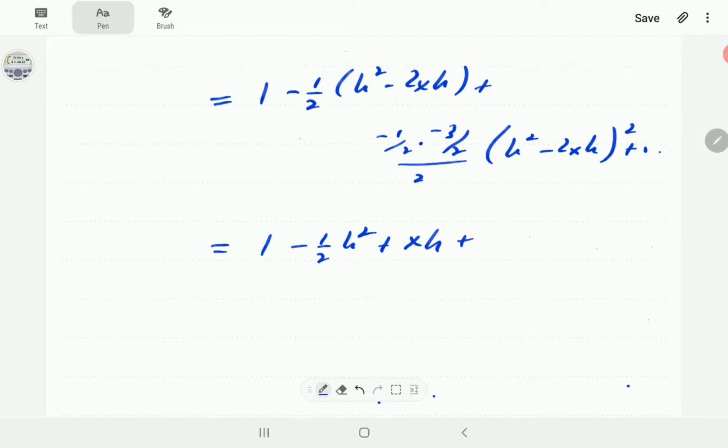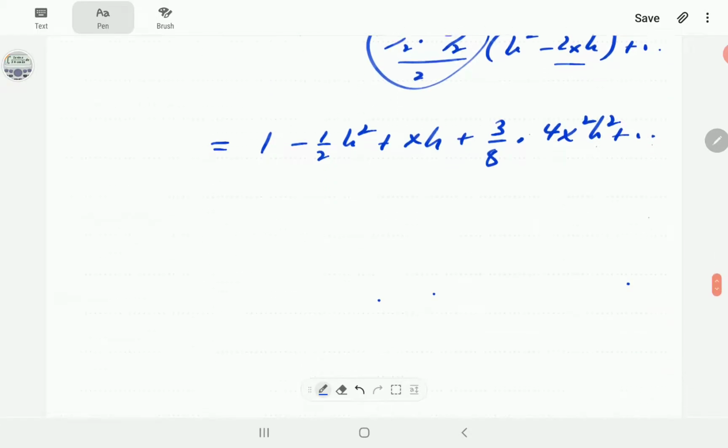So this is going to be 3 over 8 from here. Then from here we're going to have 4x squared h squared. Then we collect terms, so the only constant is going to be this one.